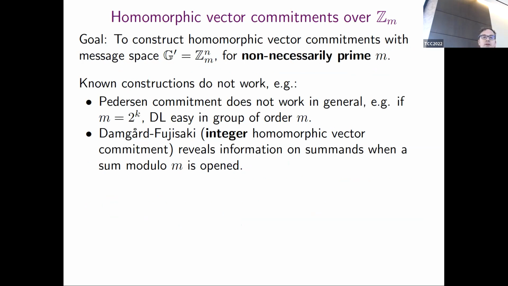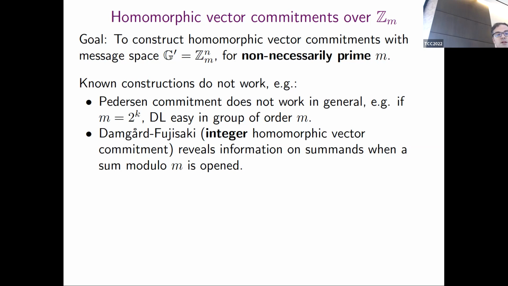The first thing we construct is vector commitments for rings modulo m, for not necessarily prime m. And one problem here is that, as far as we know, we didn't find any construction out there that was homomorphic for these rings.